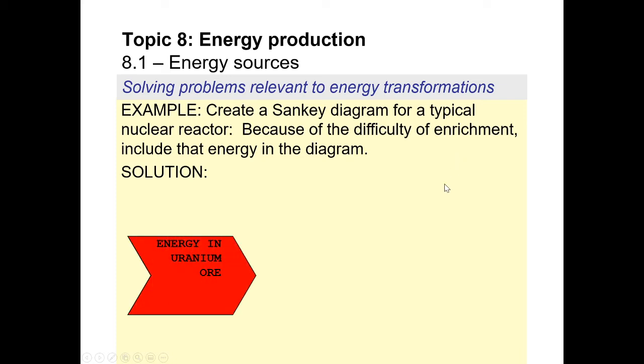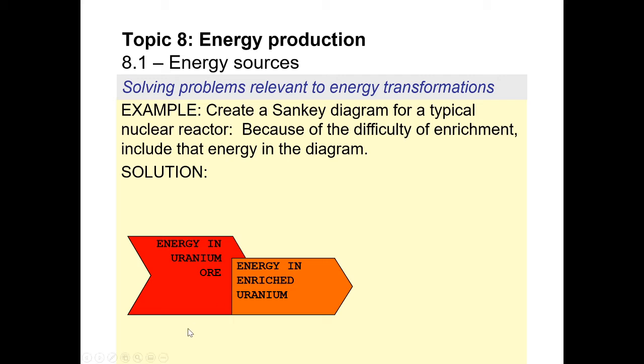So the first thing we start off with is energy in the uranium ore. Ore means it's coming from the Earth's crust. So you go to the Earth's crust, you find a region where there is a high amount of uranium, and you extract it from the Earth. Now, we do not just take the uranium from the Earth's crust and throw it in a nuclear reactor. That uranium needs to get treated, and it gets what's called enriched.